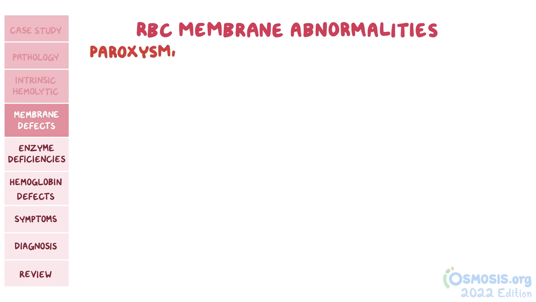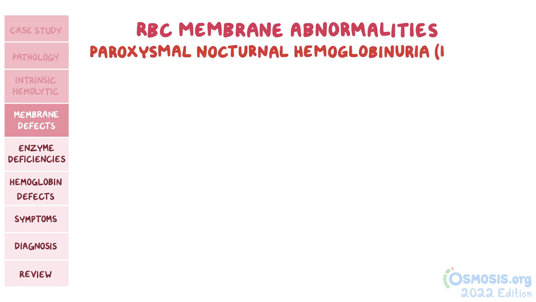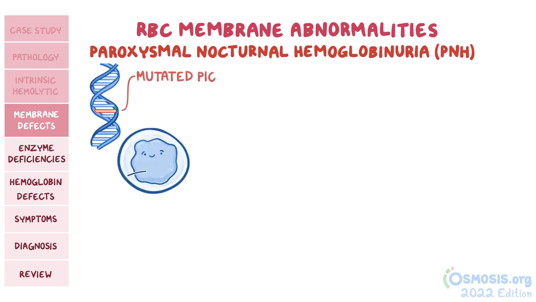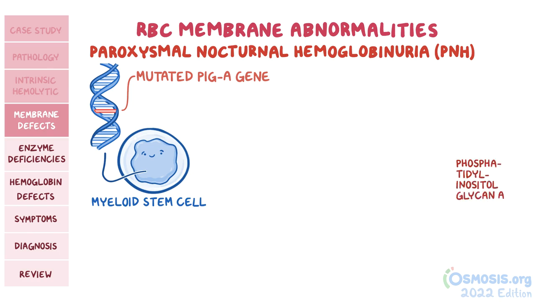Next is paroxysmal nocturnal hemoglobinuria, PNH, a genetic disorder caused by a mutated PIG-A gene in myeloid stem cells. This gene encodes for a protein called phosphatidylinositol glycan A that's needed to synthesize another protein called GPI anchor.